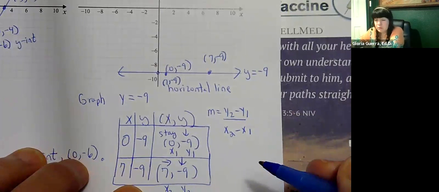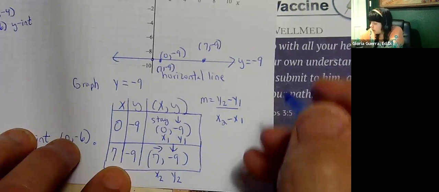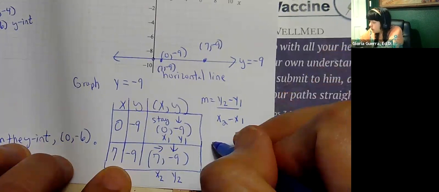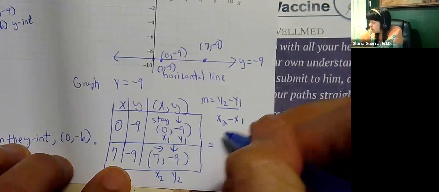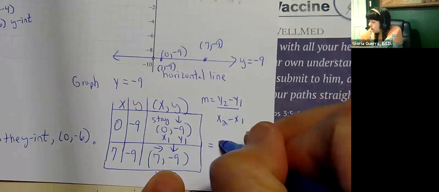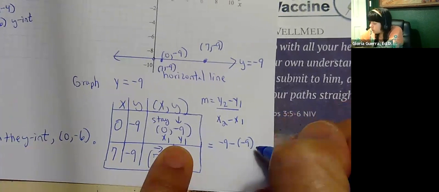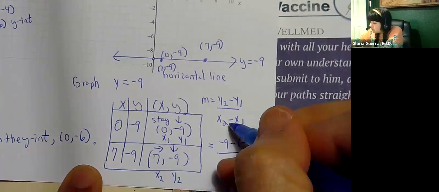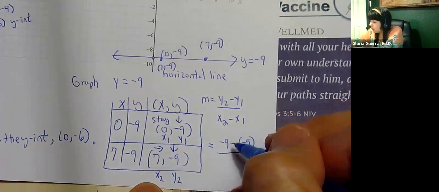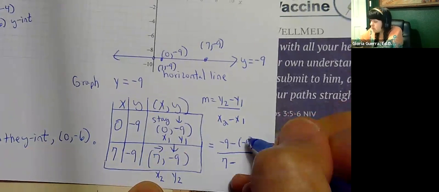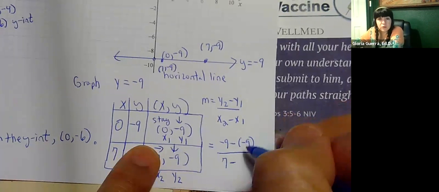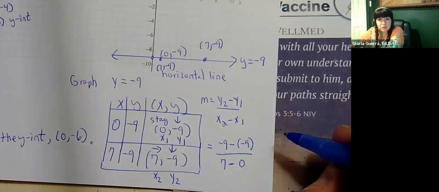And when you label, y2 is -9, take away y1 is also -9, over x2 is 7, take away x1 is 0. So now you have two negatives, and in math, 2 negatives make a positive, right?